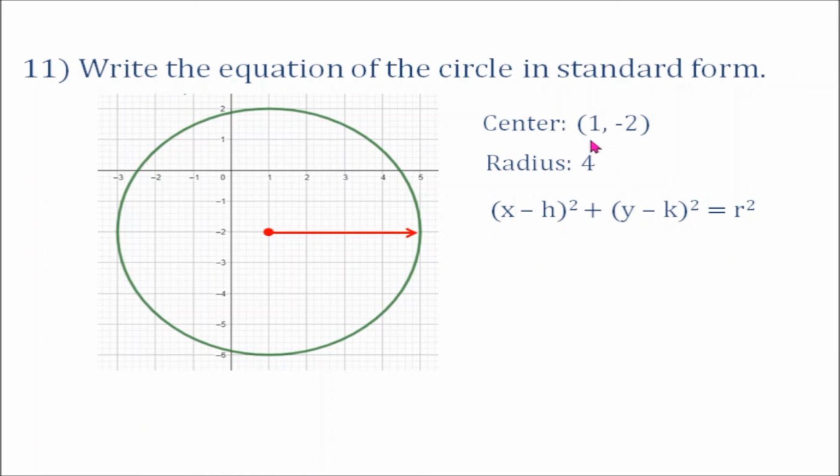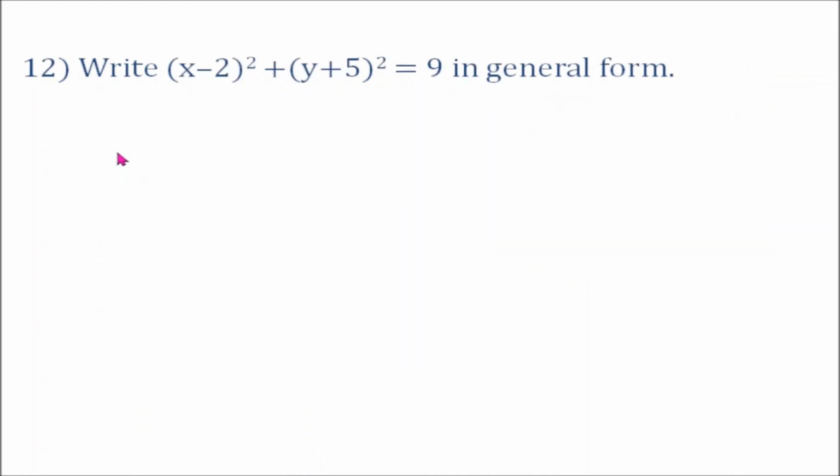So we can write this as the quantity x minus 1 squared plus the quantity y plus 2 squared equals 16.